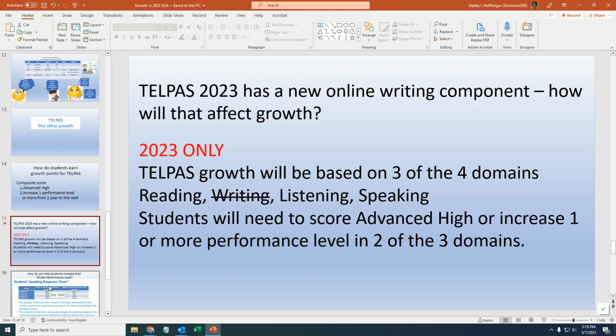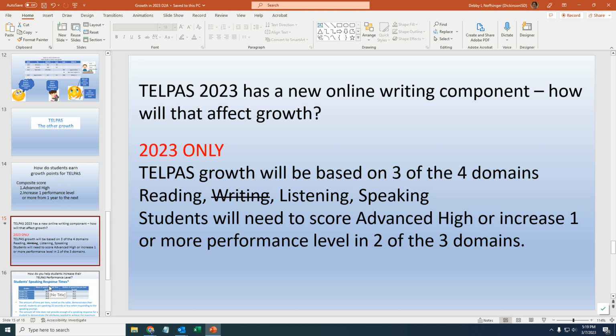Okay. For 2023, we are going to have a different set of rules for accountability in TELPAS, not for students exiting TELPAS, but just for Domain 3, where we look at TELPAS as a part of our accountability. For TELPAS 2023, we have our writing that's going to be online, and it's going to be incorporated.